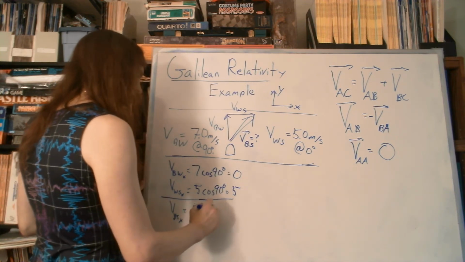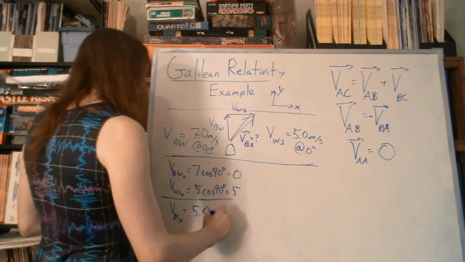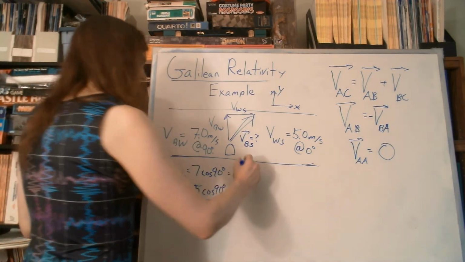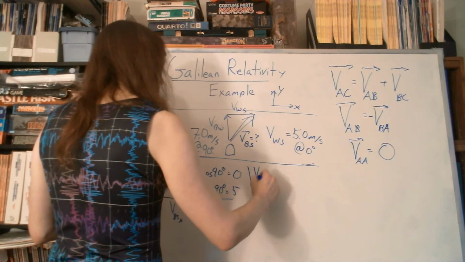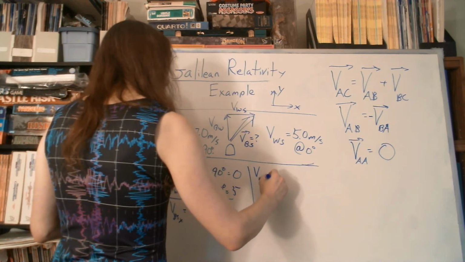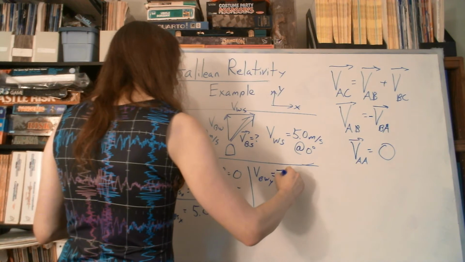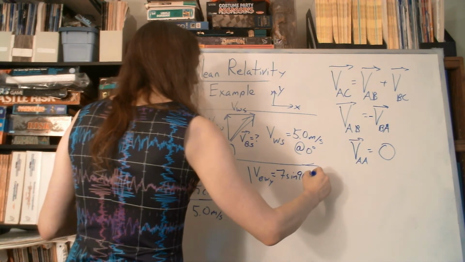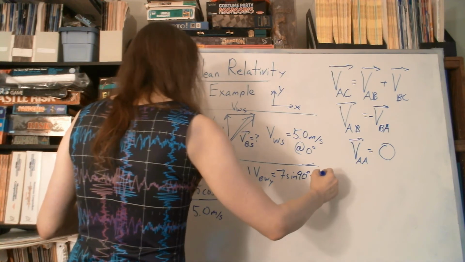So as stated, it's 5 meters per second for the x component of our motion, and the y components are related through the sine of their angles.